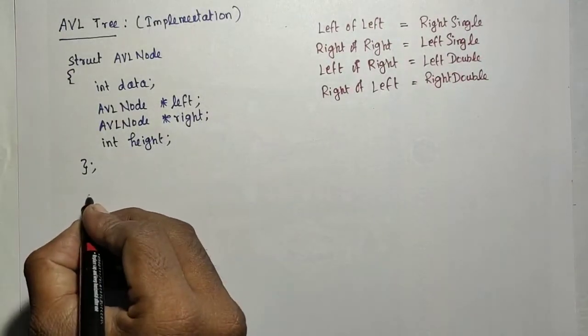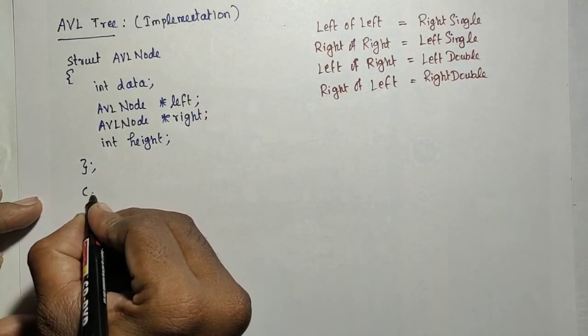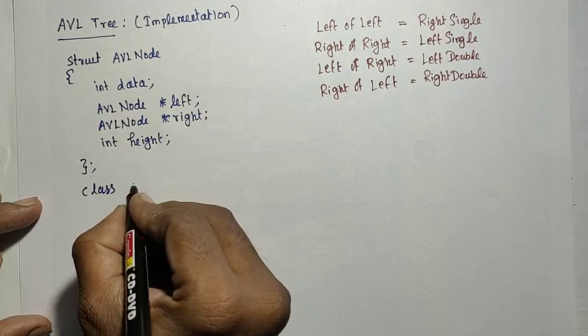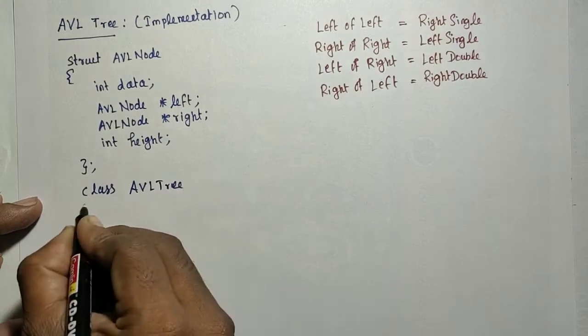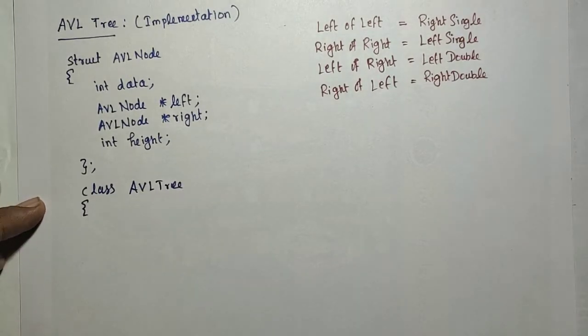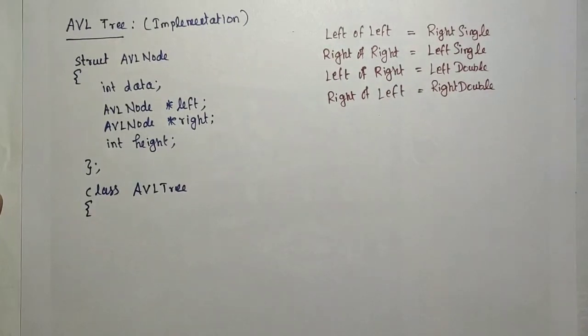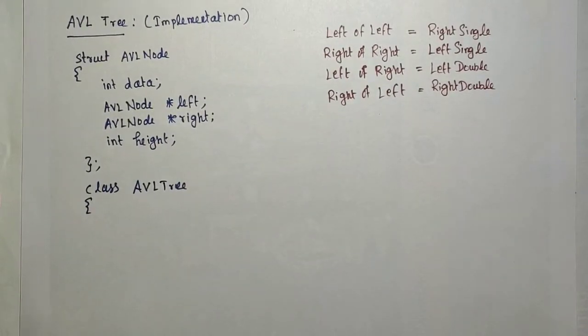The next is the AVL tree class. I'm going to explain only the AVL tree insertion. The display is similar to the BST, so you can just copy it.